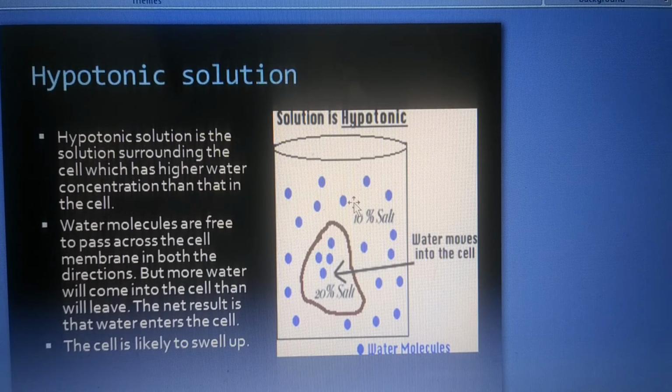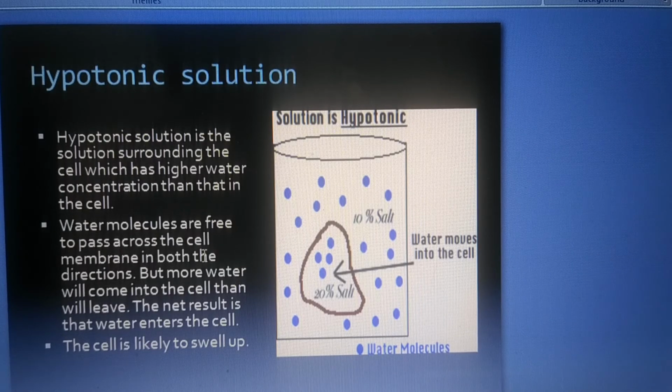This kind of solution, where the concentration of water is higher than in the cell, we call a hypotonic solution. Water molecules are free to pass across the cell membrane in both directions. They will be coming and going, but ultimately the net movement of water into the cell will be happening.